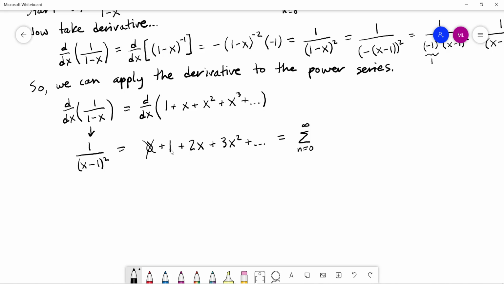So that just means, if I look at the pattern, that if this is my first term, and this is the second term, and this is the third term, the coefficient that we've got right here is equivalent to n plus 1. So I guess I should say this is the 0th term, the first term, and the second term. So each number that we got here is n plus 1.